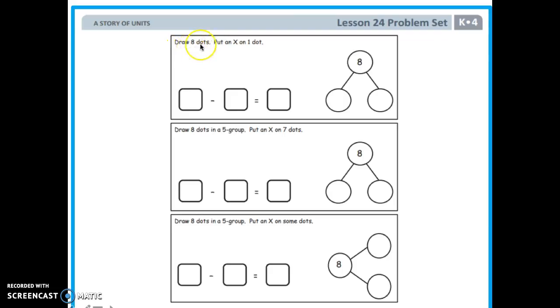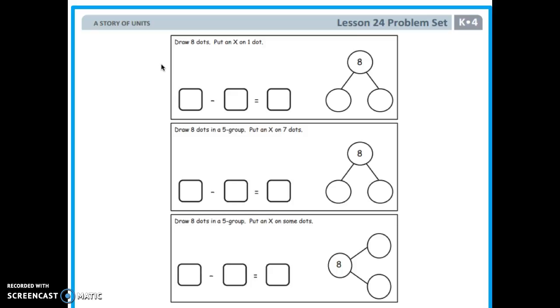Draw 8 dots. I'll wait while you draw 8 dots. 1, 2, 3, 4, 5, 6, 7, 8. You should have 8 dots.